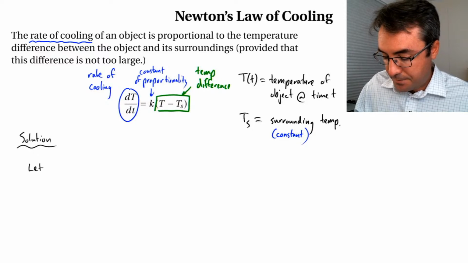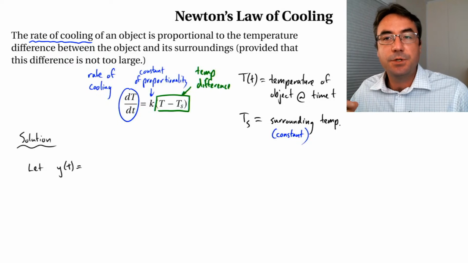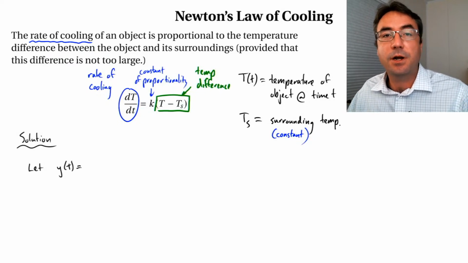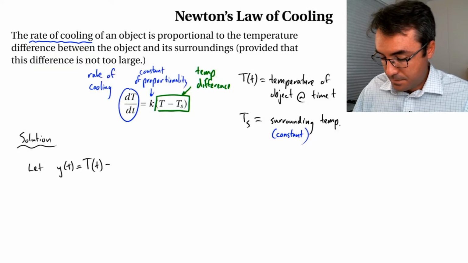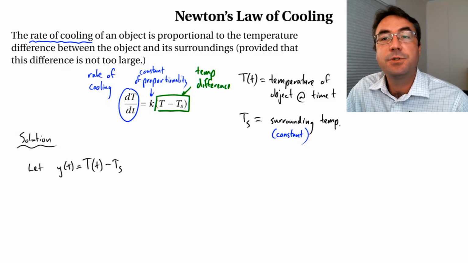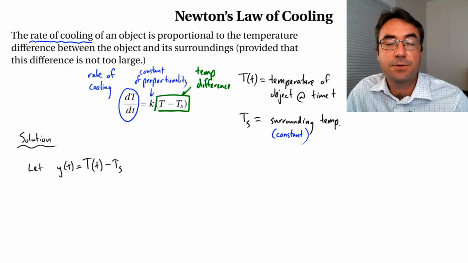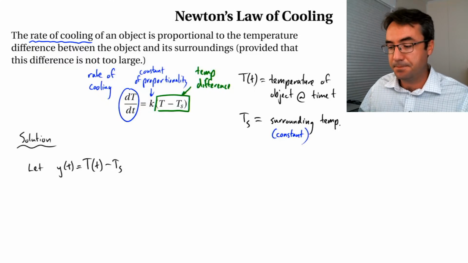We're going to do this through a change of variables. We're just going to let the temperature difference be called Y. So we're going to let y of t be the temperature function minus the surrounding temperature, T sub S, and that's just a constant.